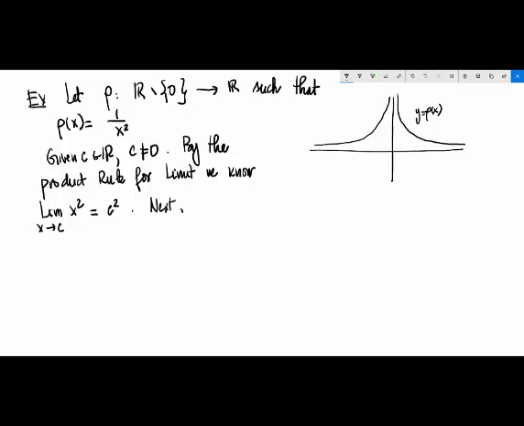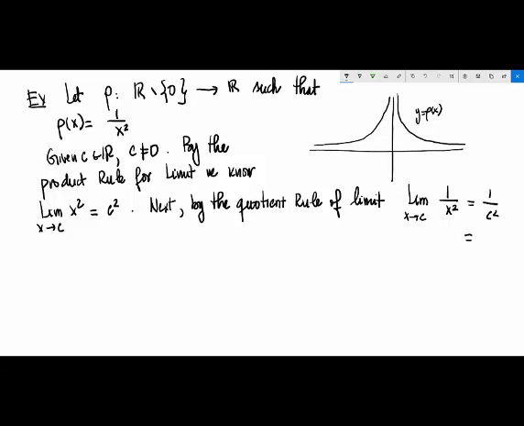Next, by the quotient rule of limit, we know that the limit of 1 over x squared as x is approaching c will be 1 over c squared, which is precisely rho of c.